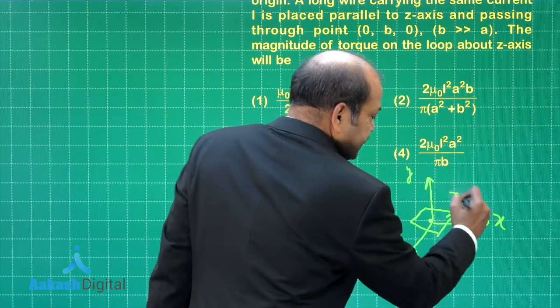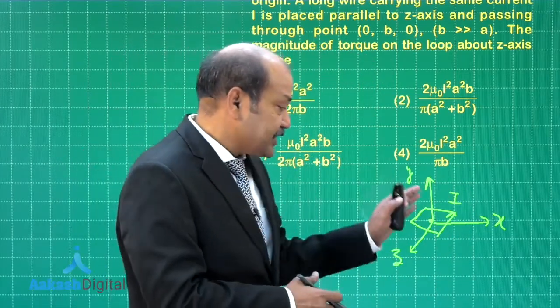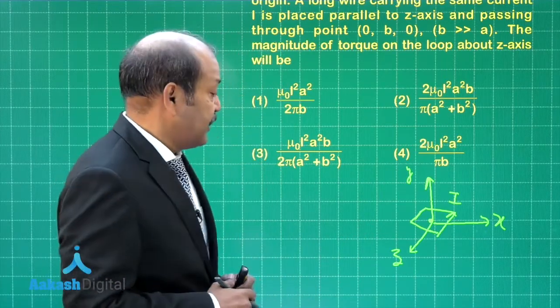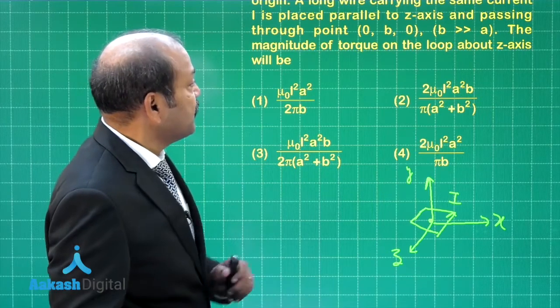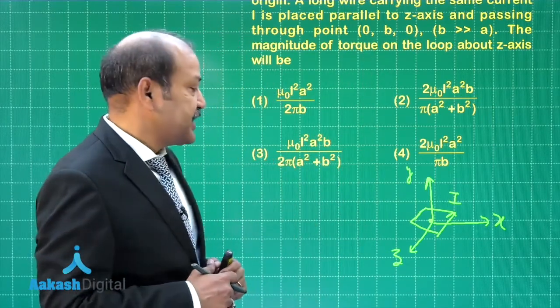Let us say this is the plane of the loop, and the current flowing is I here. Now, we have to find the torque acting on this loop due to a straight current which is passing through the point (0, B, 0) and which is parallel to the z axis.